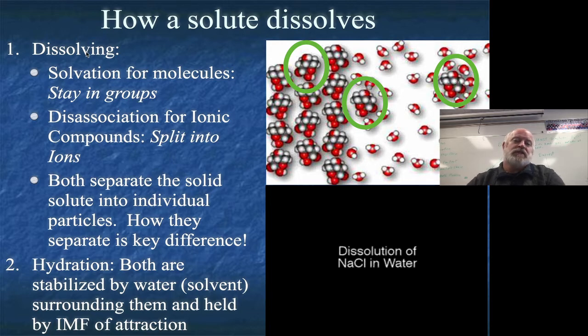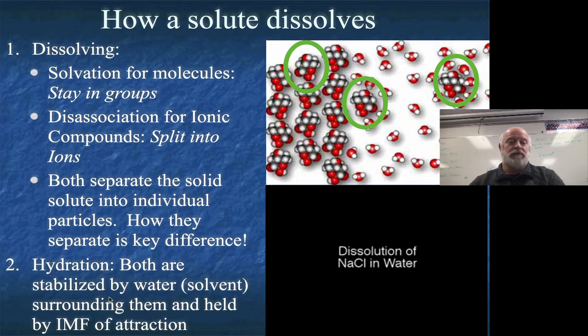If that was the only thing that happened, they would be unstable and then they would fall back into solid or gas form again. So the second part, this hydration part, where the water molecules surround these particles that have been separated and stabilize them, is key, because we first pull everything apart and then we stabilize them by having water surround them.